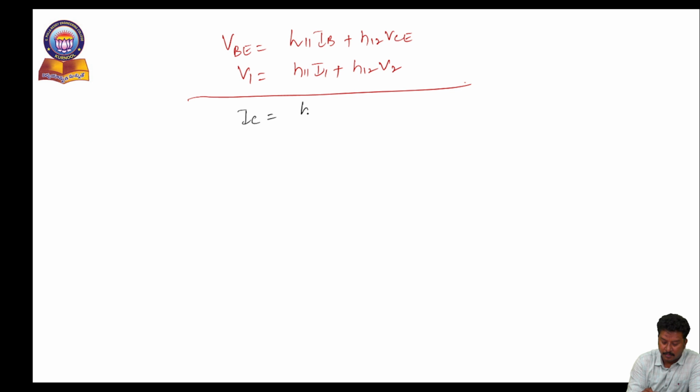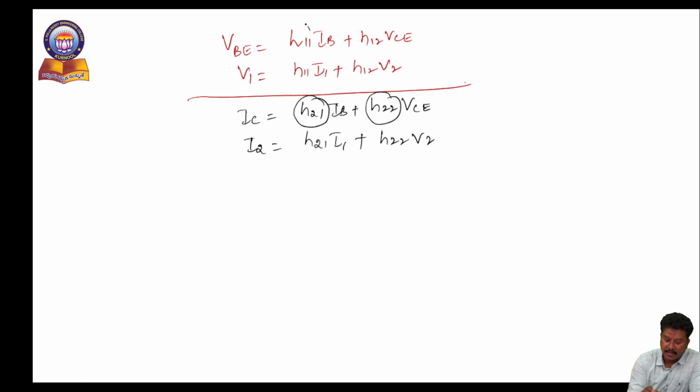IC is equal to H21 IB plus H22 VCE. With respect to the two-port network, I2 is equal to H21 I1 plus H22 V2. Now I have to find out what actually H21 and H22, and H11 as well as H12, explain.